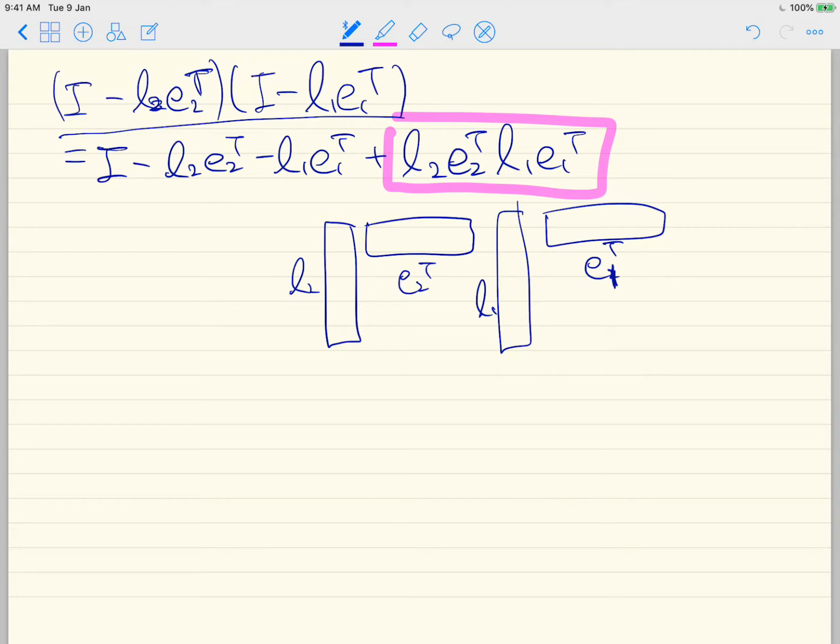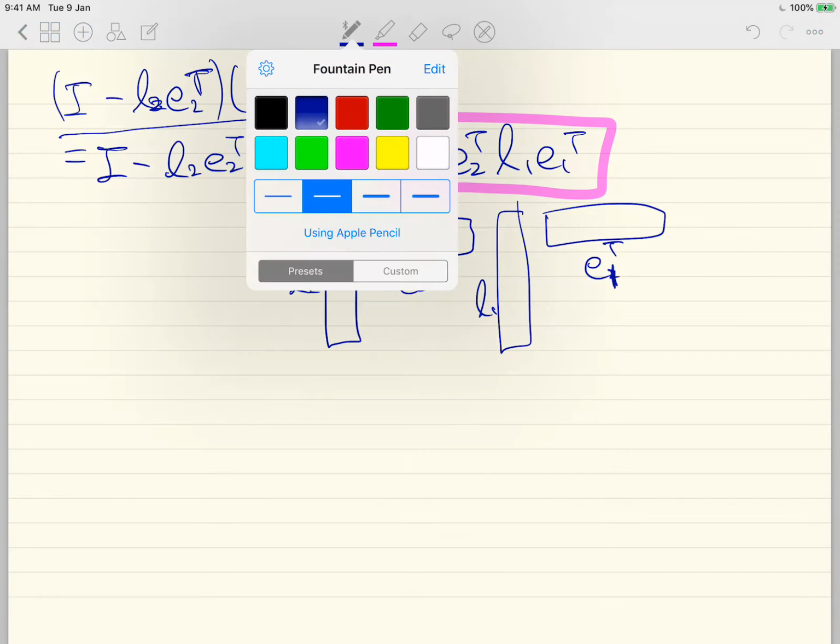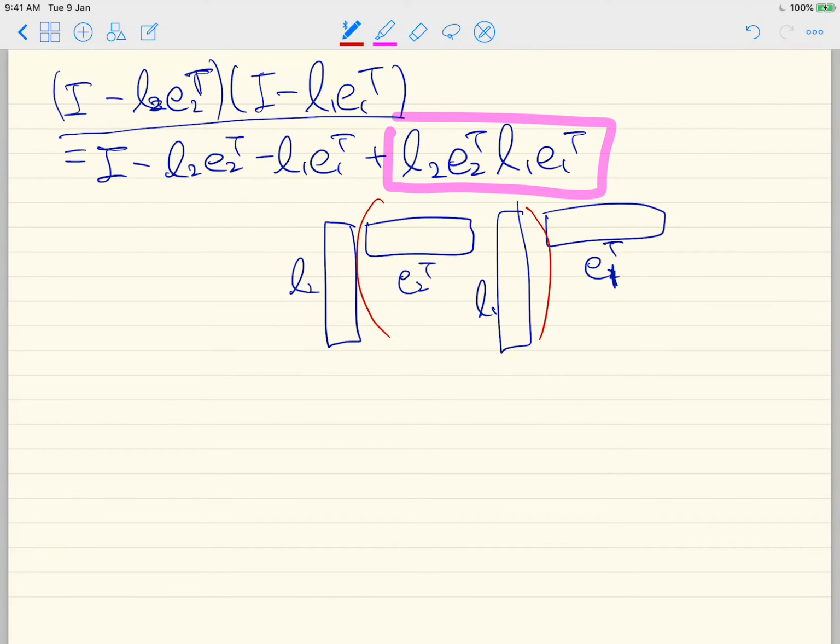So for the product of these two outer products, we can multiply the two inner vectors in the middle first, and once we obtain the single scalar, we can move it to the left part of the whole product.